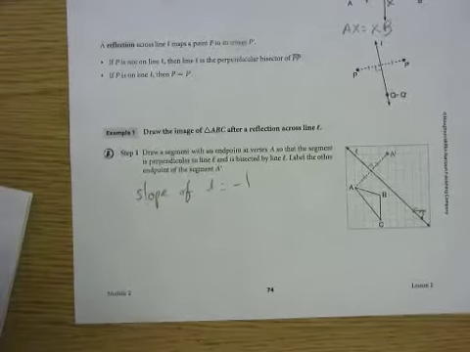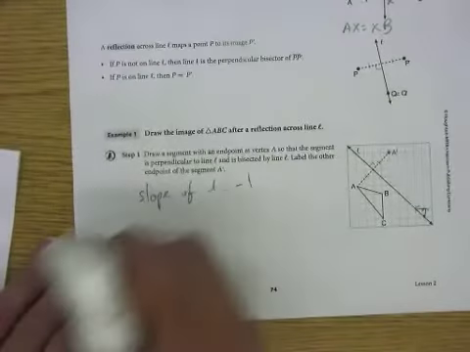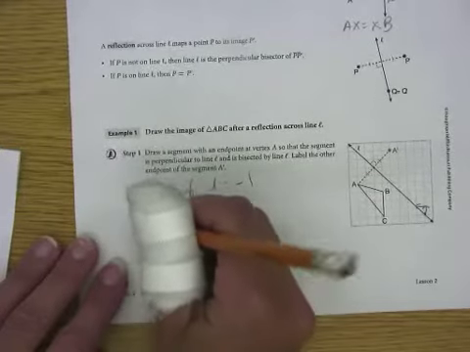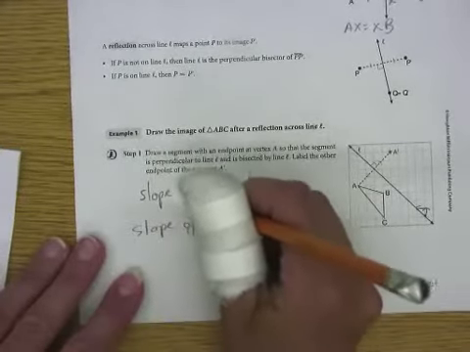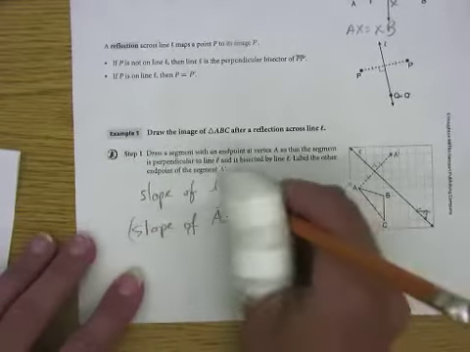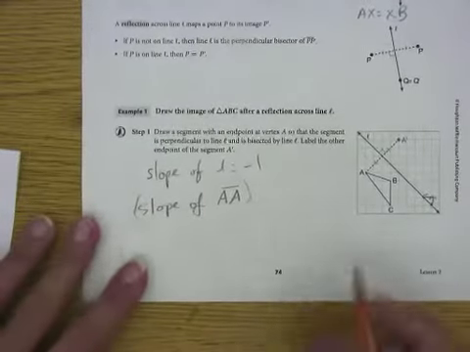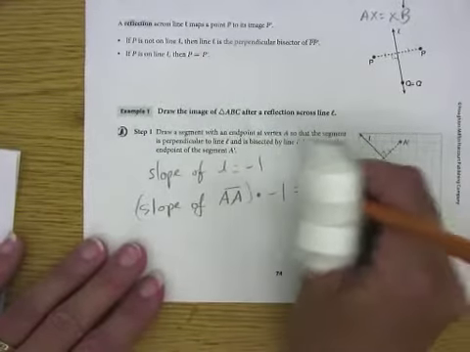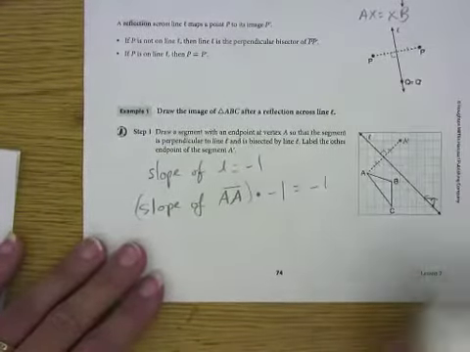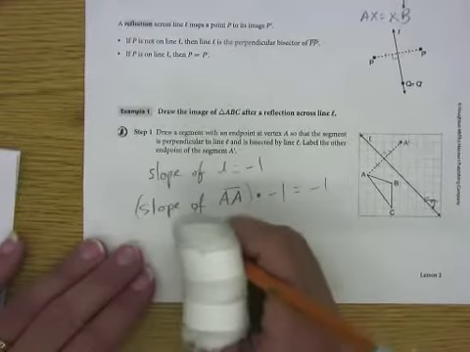So the slope of line L is -1. And what you need to remember from algebra is that slopes of perpendicular lines have a product of -1. So I need the slope of A to A prime.